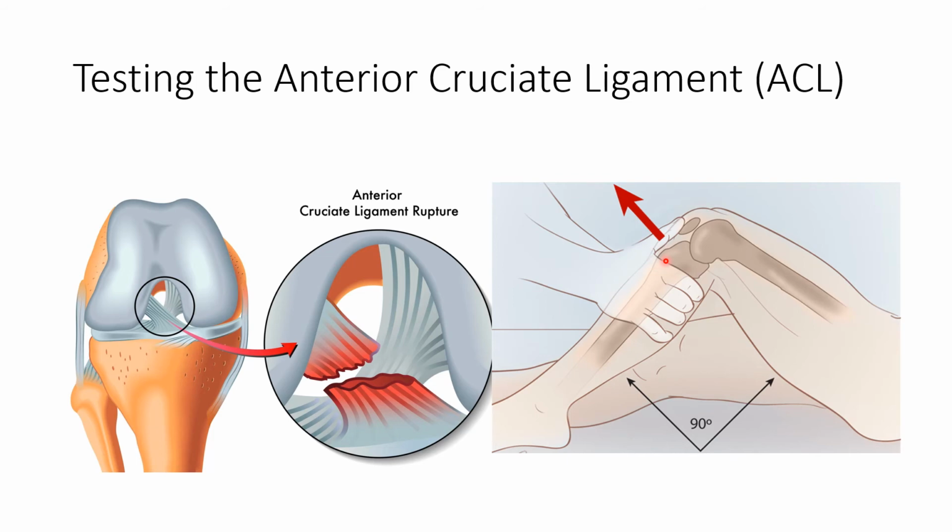Just the opposite of that, if you push posteriorly, it's called the posterior drawer test, and you're testing that PCL instead of the ACL, because the PCL is preventing that tibia from moving posterior to the femur. So two different things going on there. More common here is the ACL injury, so the anterior drawer test, pulling it towards you anteriorly.